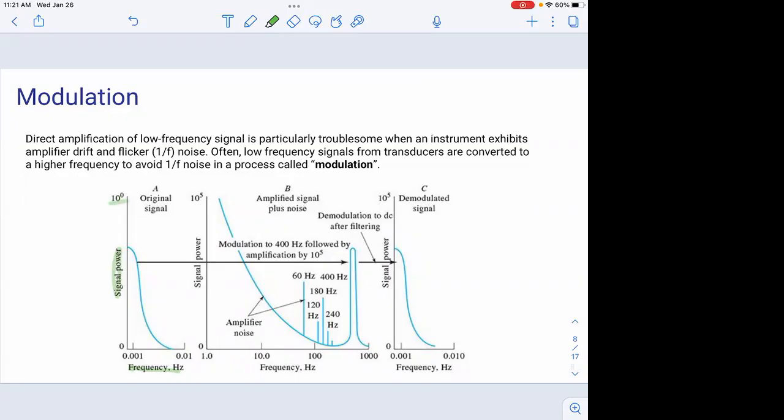What I'm going to do is modulate to a much higher frequency. So again, frequency on the x-axis, and notice that my signal, which is this peak right here, is now, instead of in the millihertz range, up in the hundreds of hertz range.